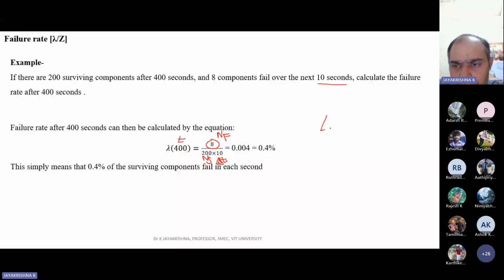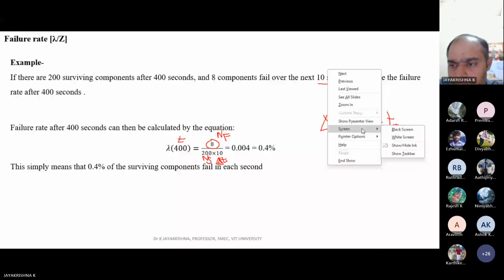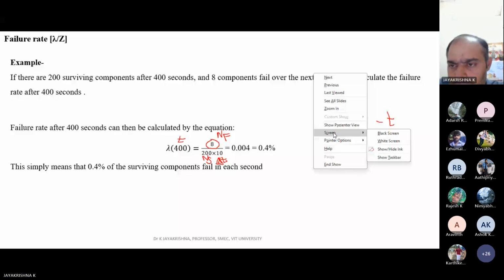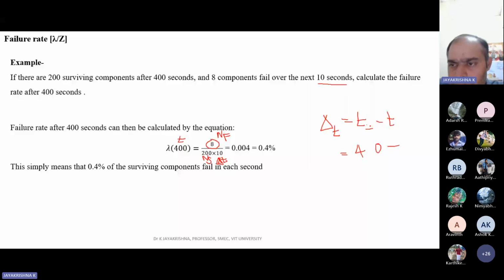How did you get delta t? T of i minus T of f. T of i is how much? 400.